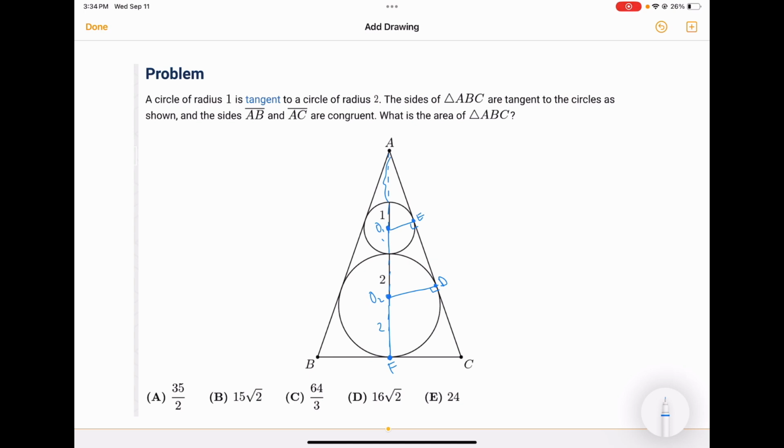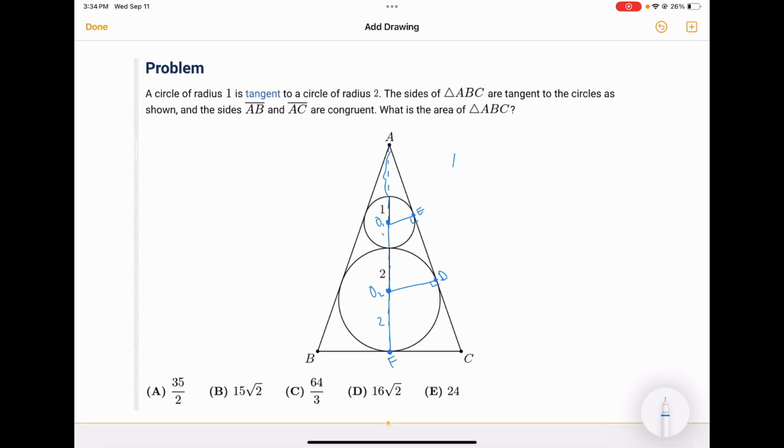So we know that AO1, which is this segment right here, over AO2, which is the entire segment all the way down to 2 here, is equal to EO1 over DO2. So it'd be this line over this line.